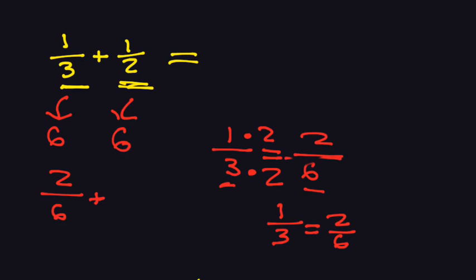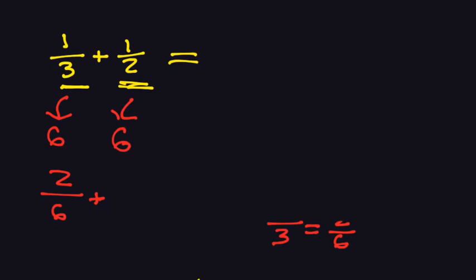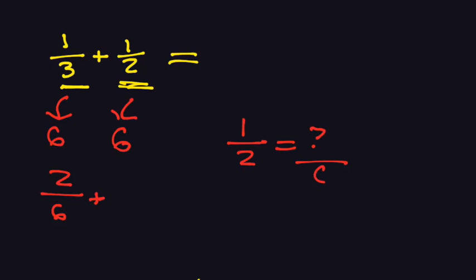Okay, now let's do it with 1/2. Let's set 1/2 equal to a mysterious fraction with a denominator of 6. How do we get from 2 to 6? We multiply 2 by 3. Whatever we do to the bottom, we have to do to the top. So let's multiply 1 by 3.